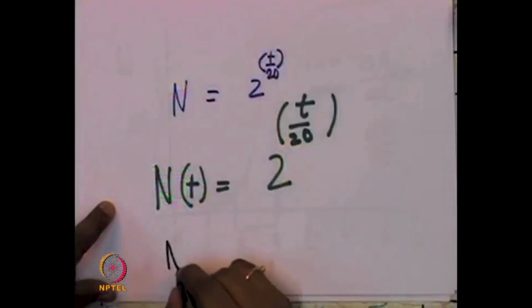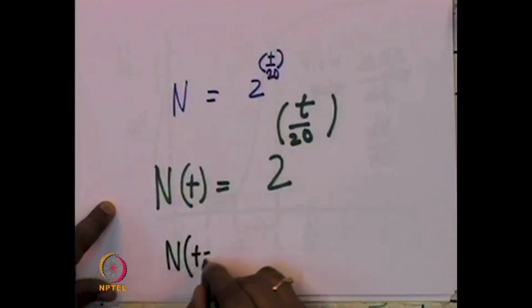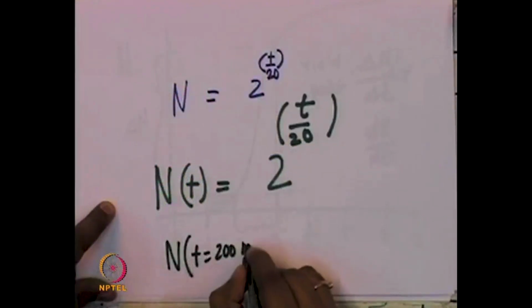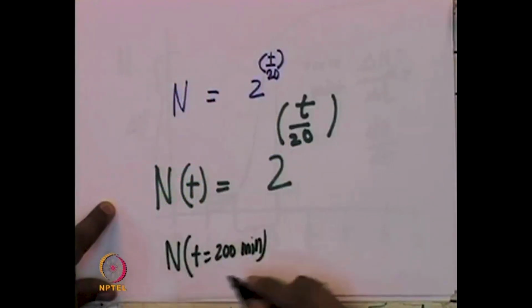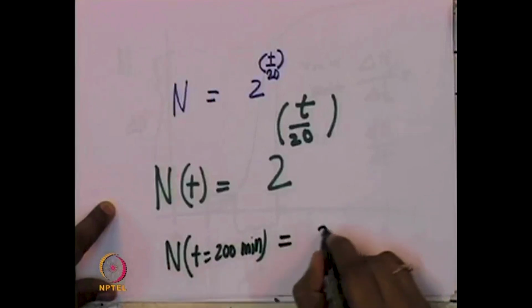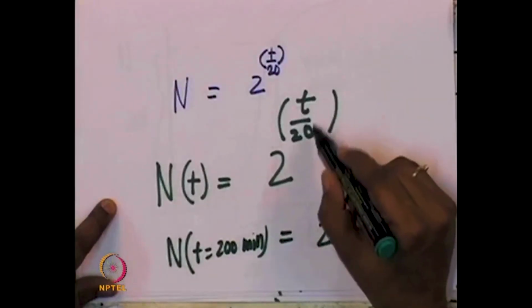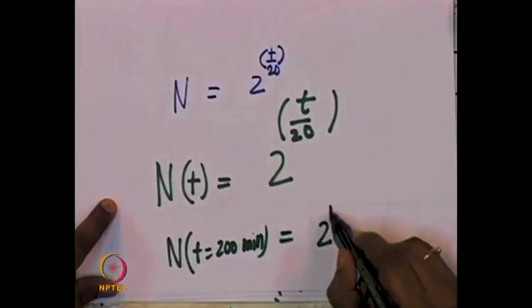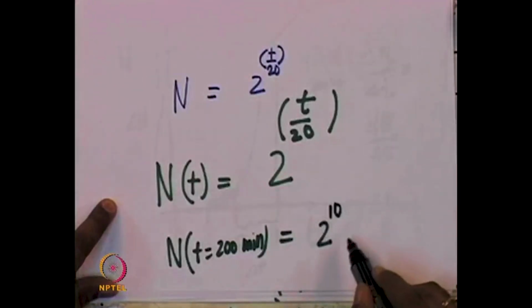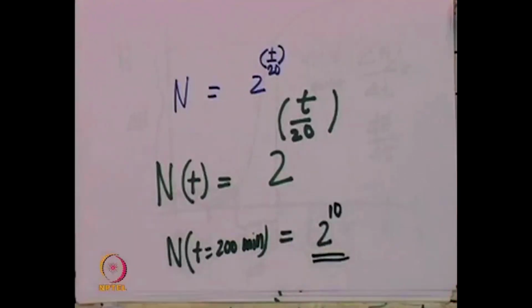After 200 minutes, how many bacteria would there be? So n at t equal to 200 minutes is equal to 2 power t by 20, and 200 divided by 20 is 10, so it's 2 power 10. So there will be 2 power 10 bacteria.